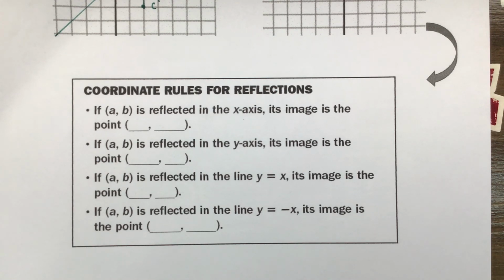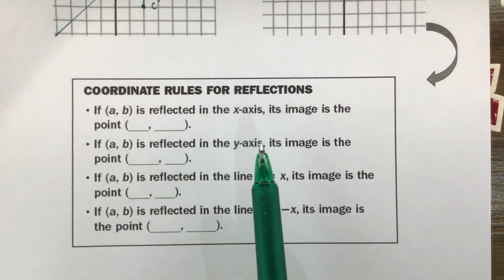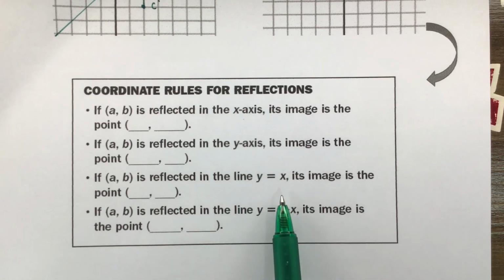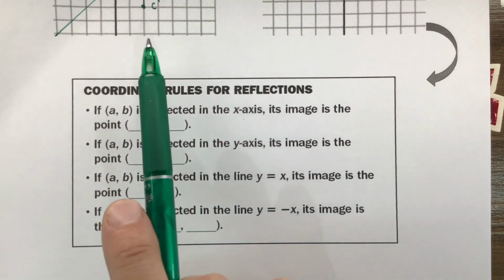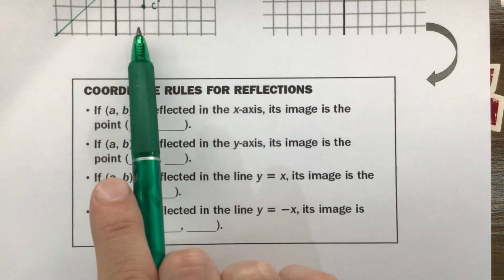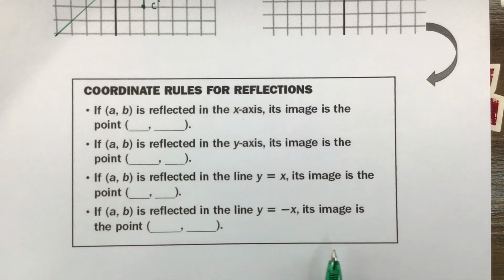But the 4 particular lines are reflecting over the x-axis, reflecting over the y-axis, reflecting over the line y equals x, which is the one we just did up here, and reflecting over y equals negative x, which is a lot like the one we did here, except that you've got a downward slope. It'll be down 1 over 1.